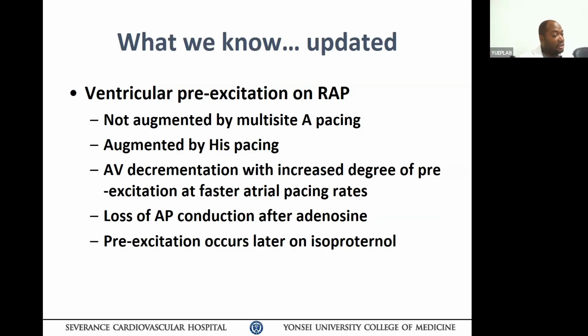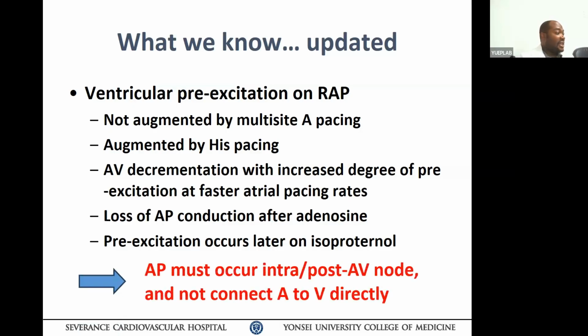After giving adenosine, we lost the AP conduction completely. And after starting isoproterenol, the pre-excitation occurred later than before isoproterenol. So what this told us was that there's an accessory pathway that must be occurring within or after the AV node, but not directly connecting the atrium to the ventricle, which is why when we block the AV node, there is absolutely no antegrade conduction down the accessory pathway.